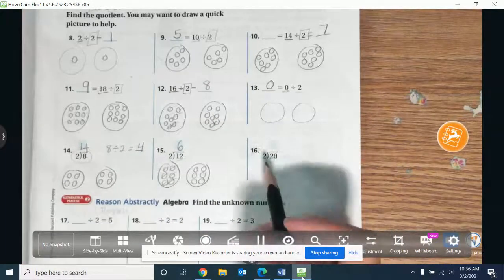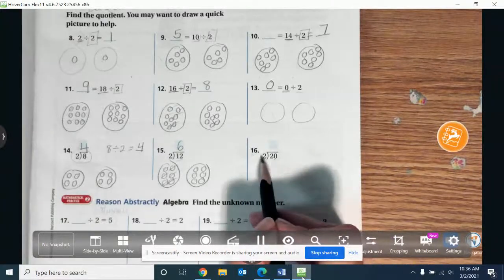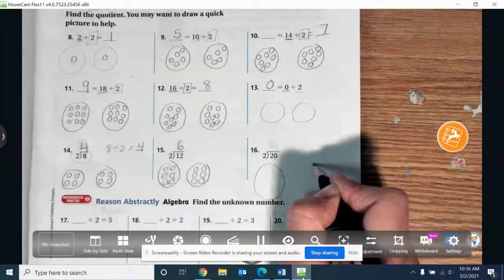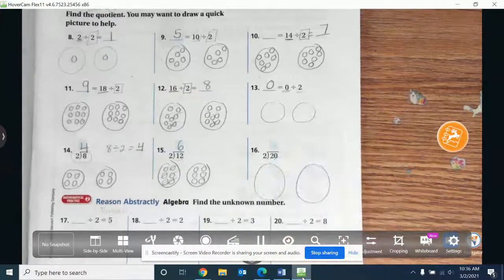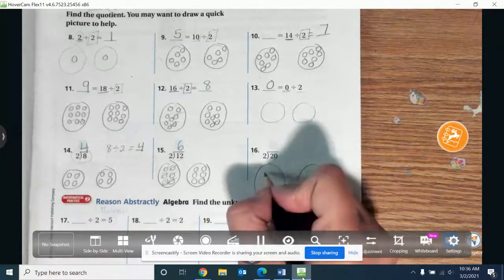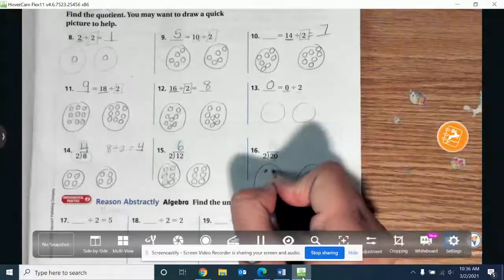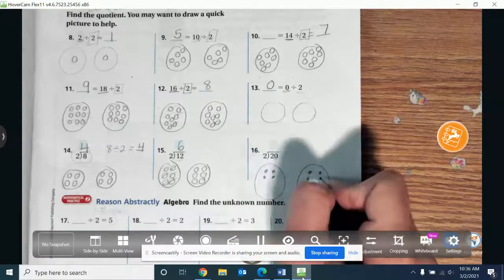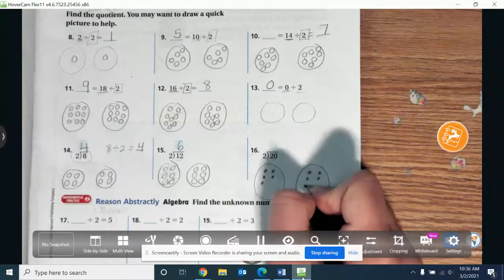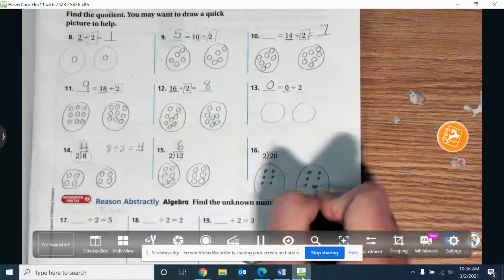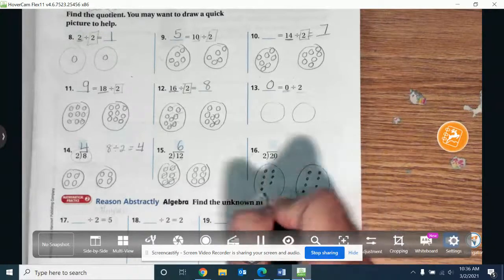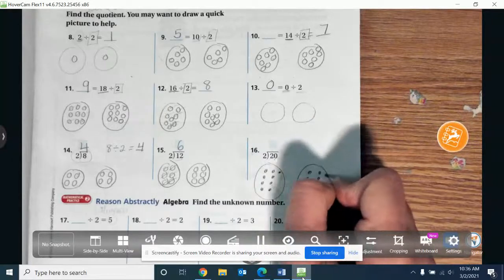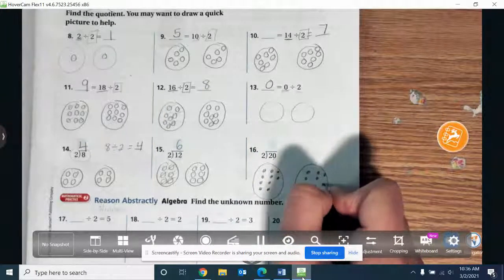This one's going to be longer. Total 20. Still 2 groups. So make your groups a little larger or just make your counters a little smaller. We're stopping at 20. 1, 2, 3, 4, 5, 6, 7, 8, 9, 10, 11, 12, 13, 14, 15, 16, 17, 18, 19, 20.